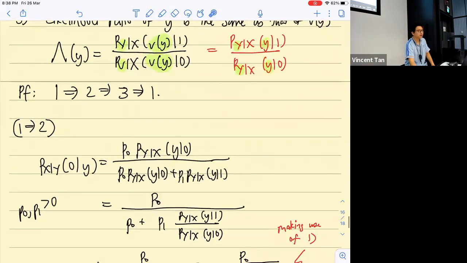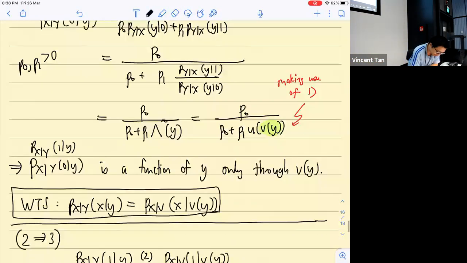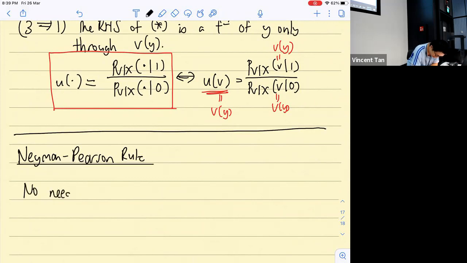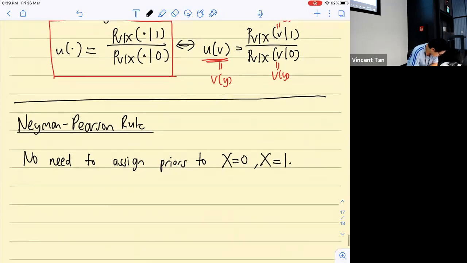So in the remaining few minutes that I have, I will not take up all your time. I will briefly discuss the Neyman-Pearson setting, the Neyman-Pearson rule, if you wish. Here we do not need to assign priors to the events x equals 0, x equals 1, because this seems rather artificial.